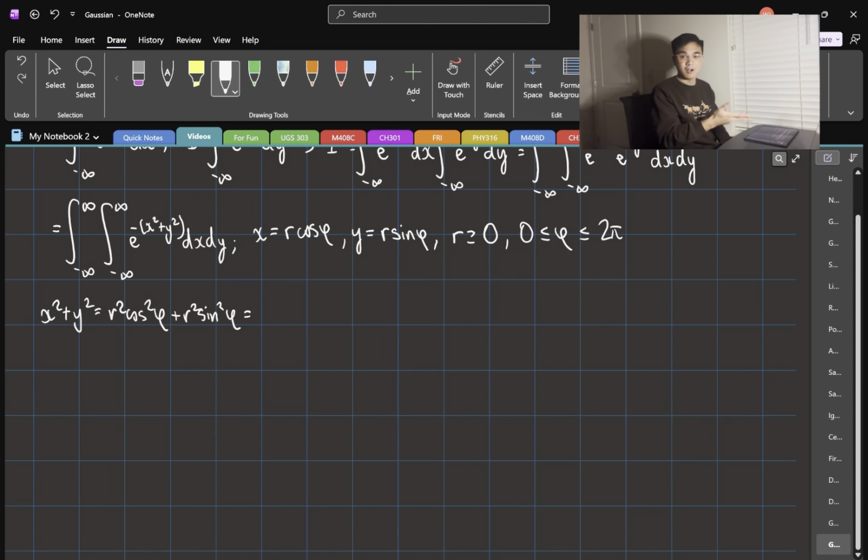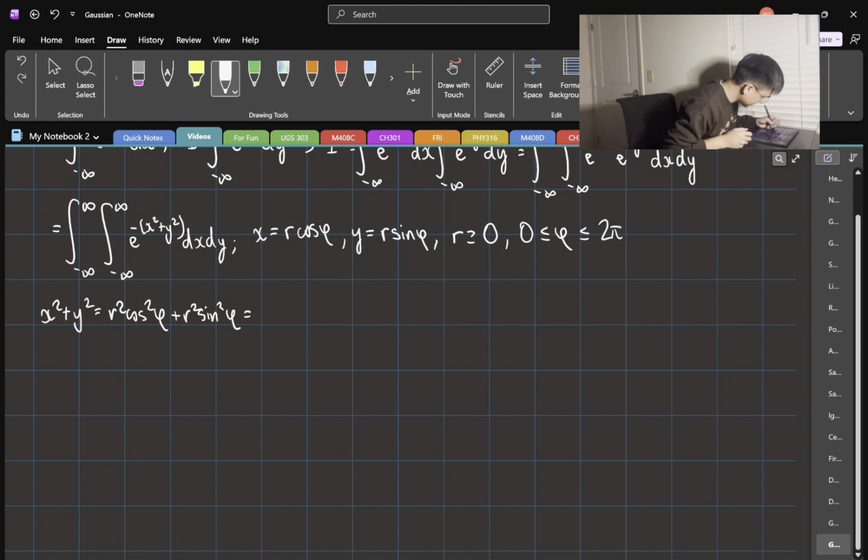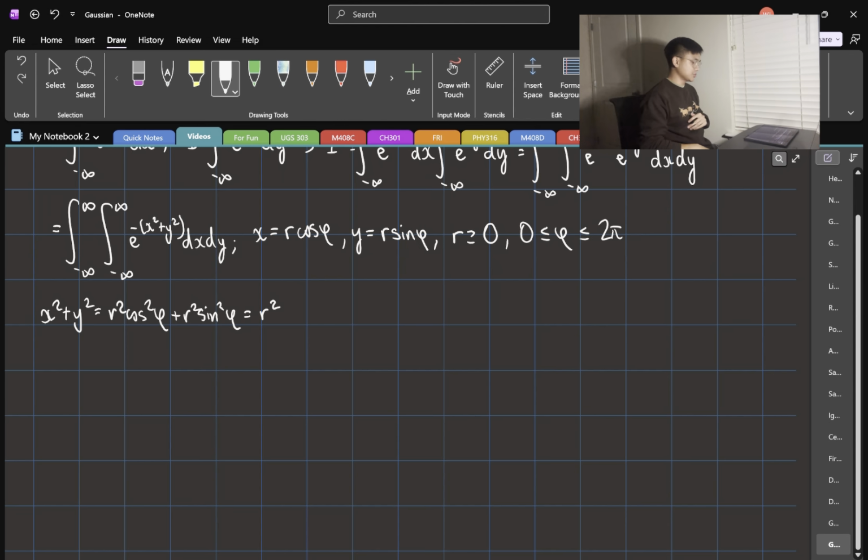I can factor out the r squared, and Pythagorean trig identity, boom, cosine squared phi plus sine squared of phi is going to be equal to 1. So this is just r squared. Check that out.